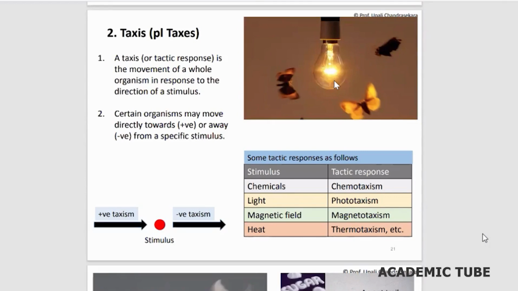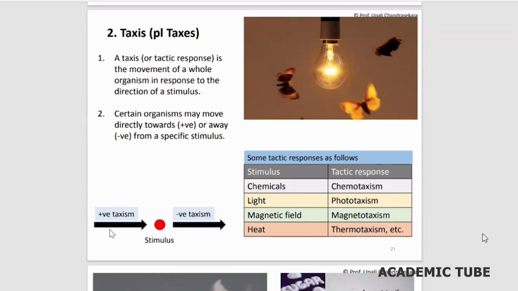Taxis. Sometimes some animals move towards the stimulus or away, like the cockroach and moths fly towards the light. Cockroaches run away from the light. So cockroaches show negative phototaxism.